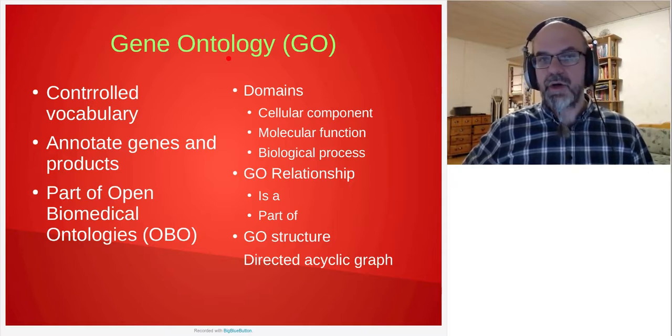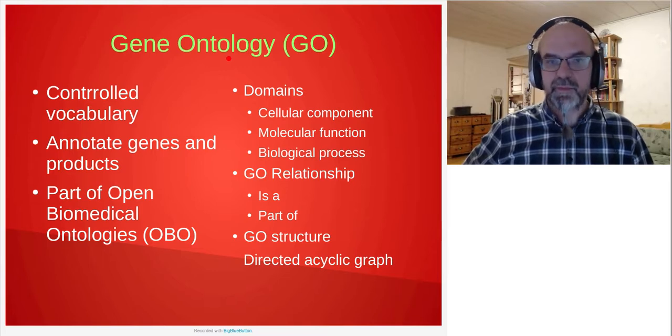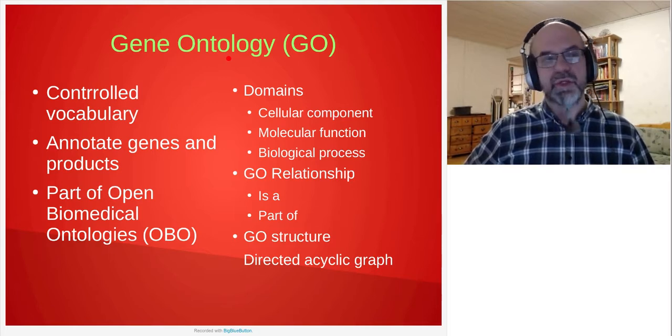Now, I really hope that you remember from Marty's lectures the most important features of what gene ontologies are. Do you? Do you remember what gene ontologies are and how they are used? Yes. Okay, very good. So I really don't want to go into the details.